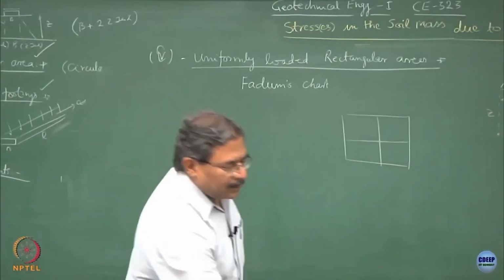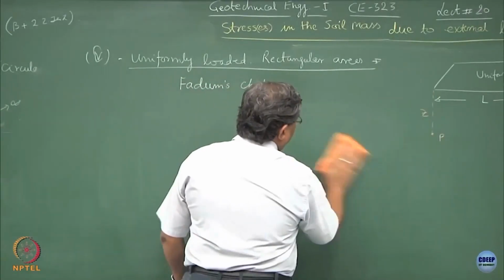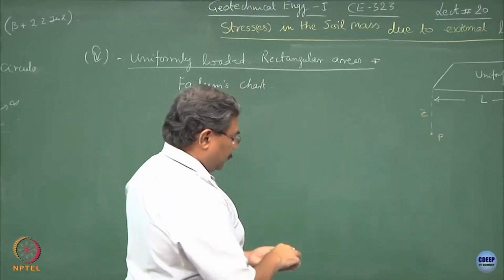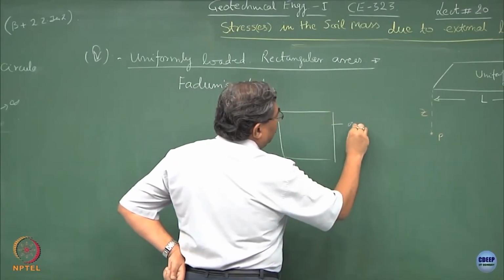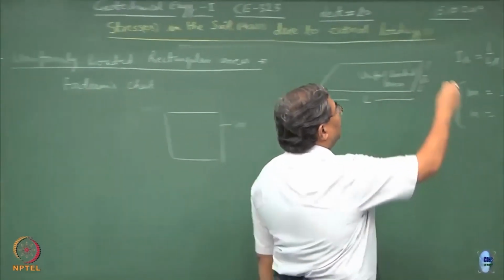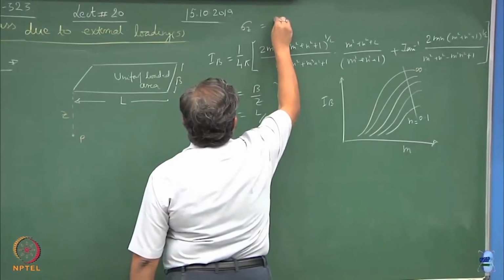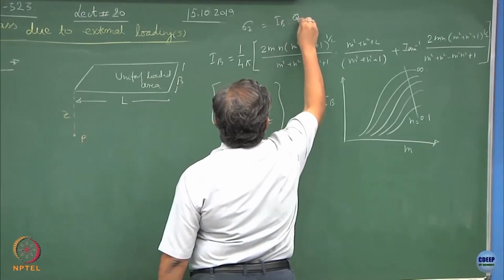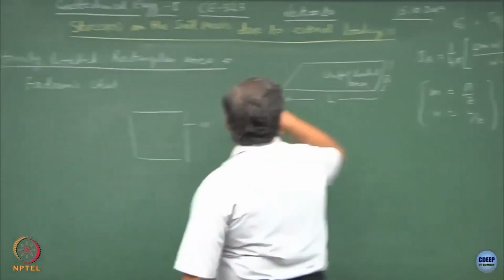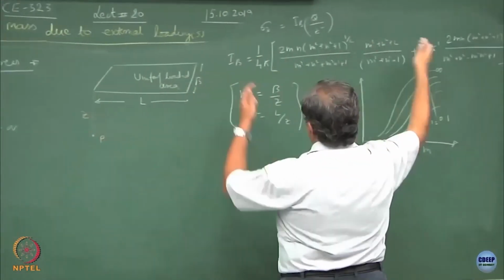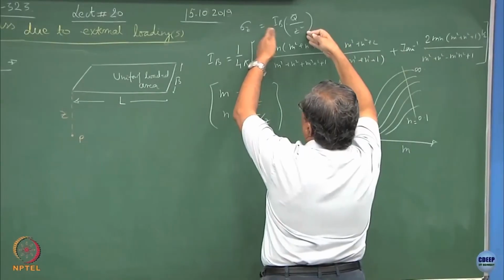Suppose this is the plate or an area where Q is known. So, I hope you remember that sigma z will be equal to IB into Q by Z square, clear. The moment you get IB from these charts or this equation, just substitute over here, you get the value of sigma z.